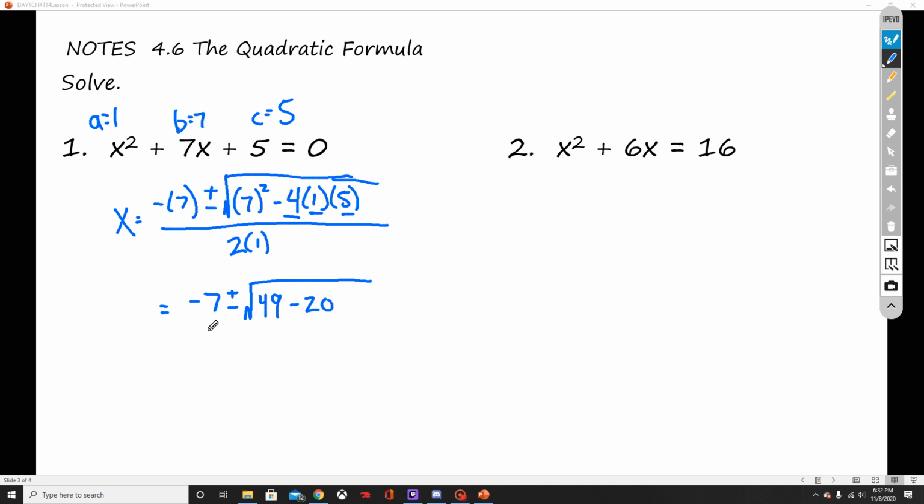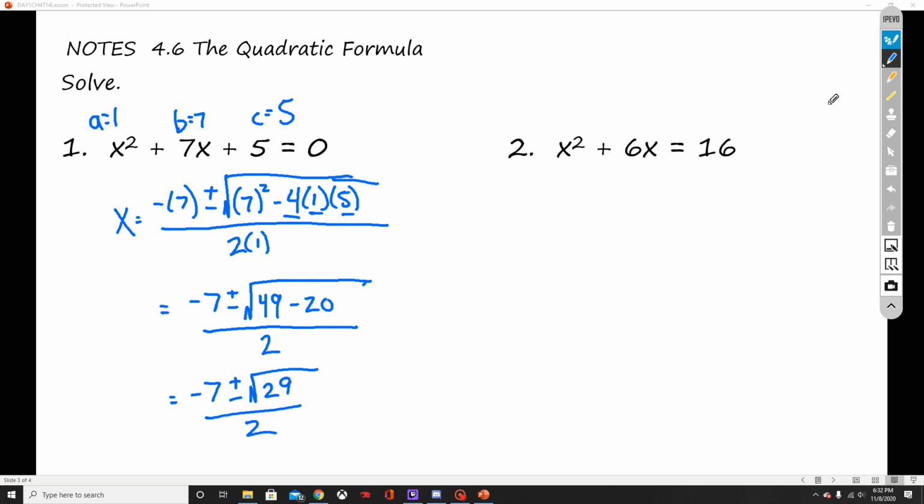And this is all over 2 times 1, which is just 2. Well, this can simplify more because I know that 49 minus 20 is 29, all over 2.